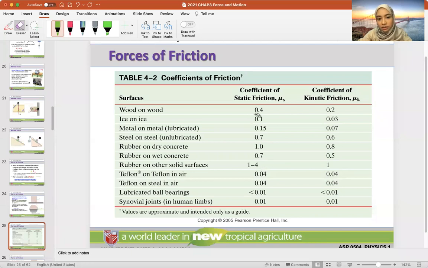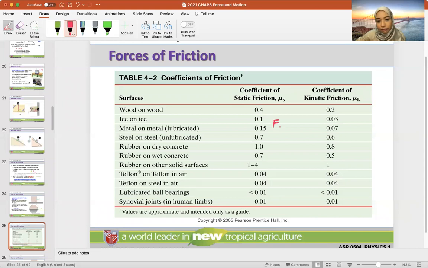So kalau kita tengok kat sini, static friction punya coefficient lagi tinggi daripada kinetic. Static ni bermaksud berhenti. Kinetic ni bermaksud bergerak. So lagi tinggi coefficient of static friction berbanding kinetic friction. Bermaksud kat sini, when you are at rest, the friction is actually greater than when you are moving.